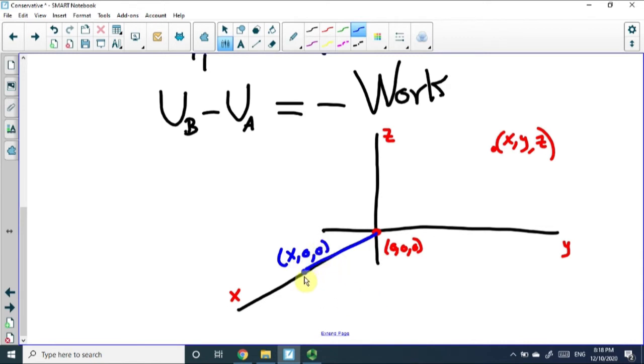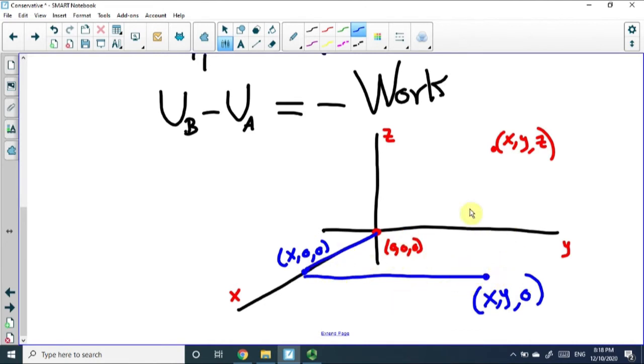Next, I'm going to move parallel to the y-axis until I hit this point, which has the same y coordinate as the final point. So this point is going to have the coordinates x, same as before because that's a constant, y, and 0. So we are moving really on the xy plane.